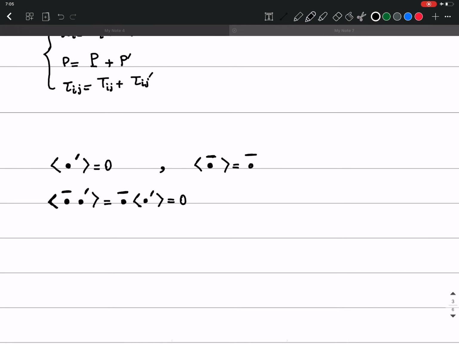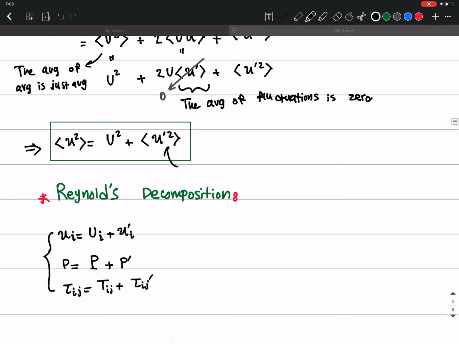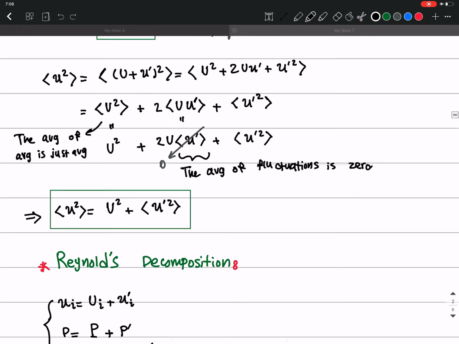And the other rule that we have is that although this is 0, the average of two primes, or two fluctuating variables that are multiplied by each other, are not necessarily 0. So for example here, u prime square, if you take the average of that, it's not necessarily 0. Okay?